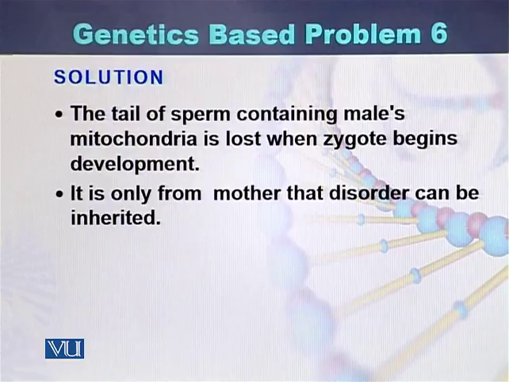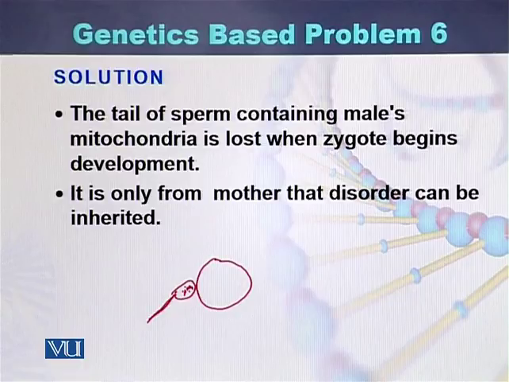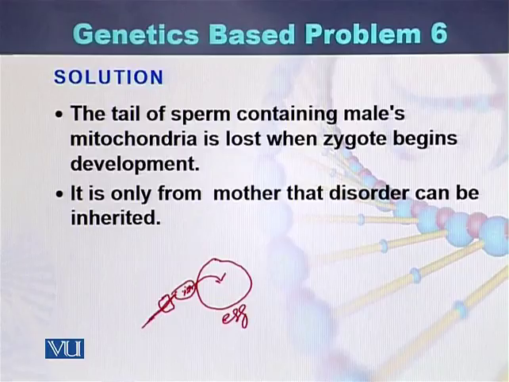So based on this, if this is the egg and this is the sperm, only the head part DNA present in the sperm will enter the egg. In the sperm, the mitochondrial DNA is present at the tail, and this mitochondrial DNA will not enter the egg.